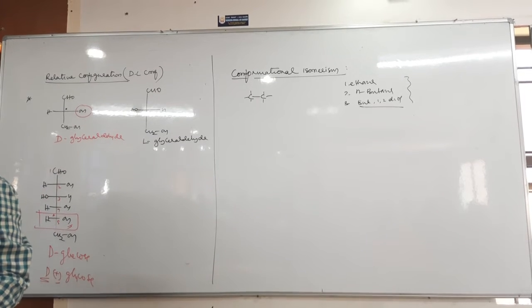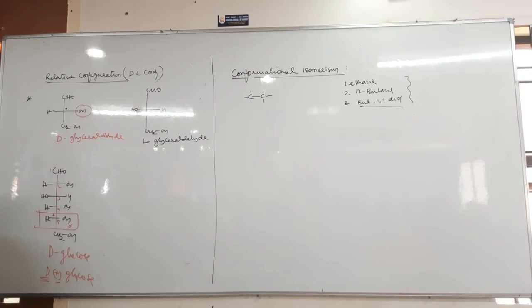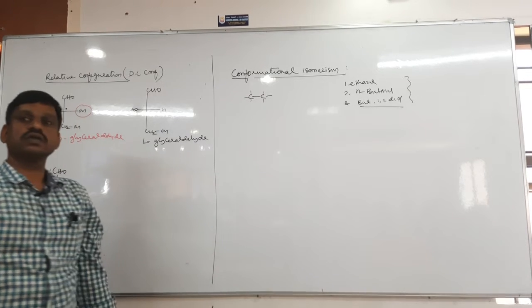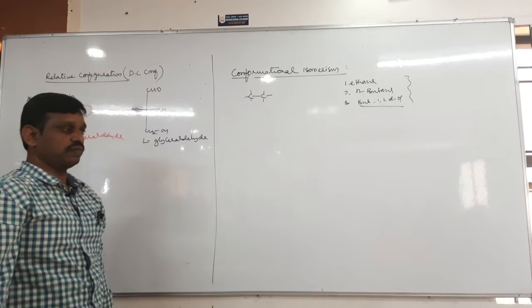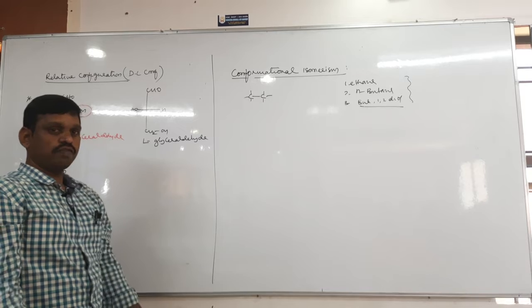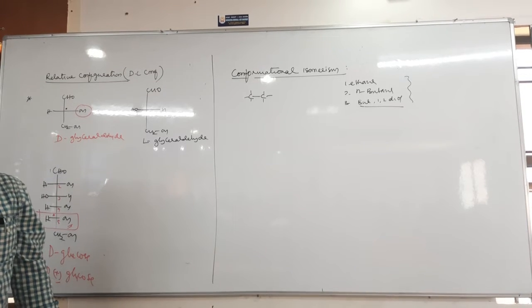The isomers which are formed by rotation of a carbon-carbon single bond are called conformational isomers, and this phenomenon is called conformational isomerism.